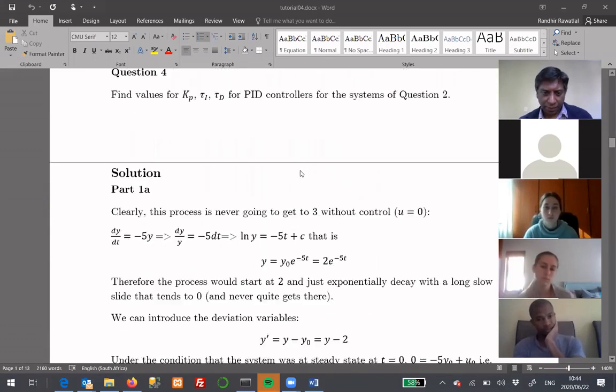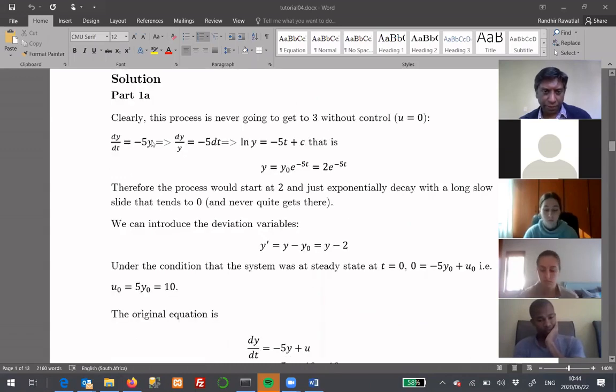And if you solve that, right? So ignoring the controls part, let's say for now we didn't have a u variable to control. Let's say we just had dy dt is minus 5y. Then if we solve that, we can say that we have y equals y naught e to the minus 5t.